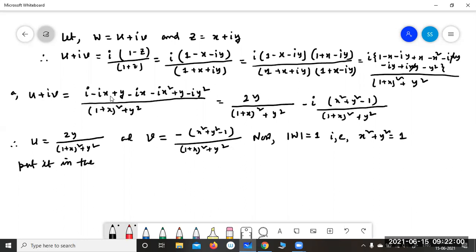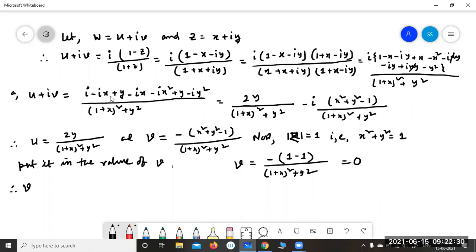Now putting in the value of V, V is equal to minus of (X square plus Y square minus 1) by (1 plus X) whole square plus Y square, that is 1 minus 1, which is equal to 0.